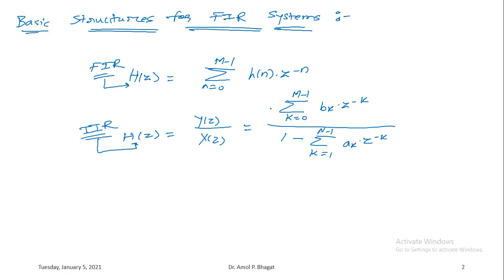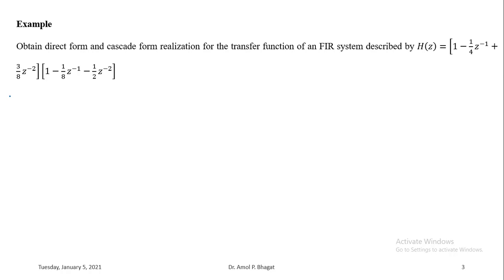So let's see one example for obtaining the cascade and direct form realizations of FIR system. Here you can see in this example the system function or transfer function of FIR system is described as H of z.